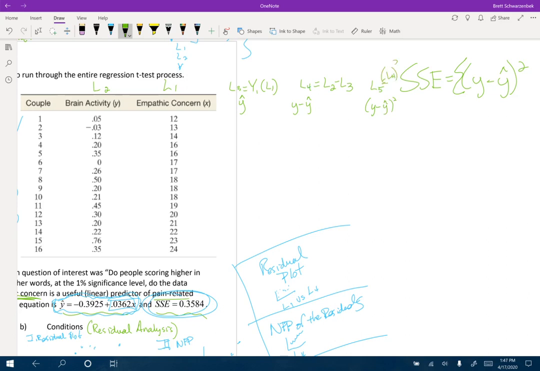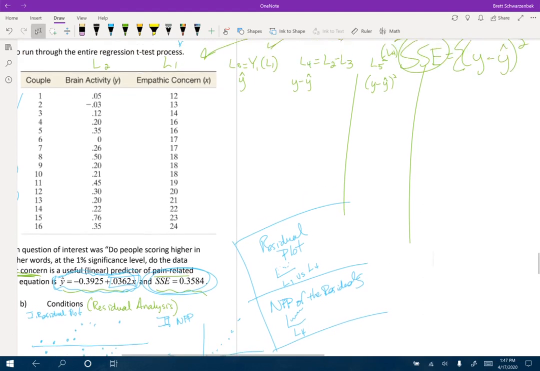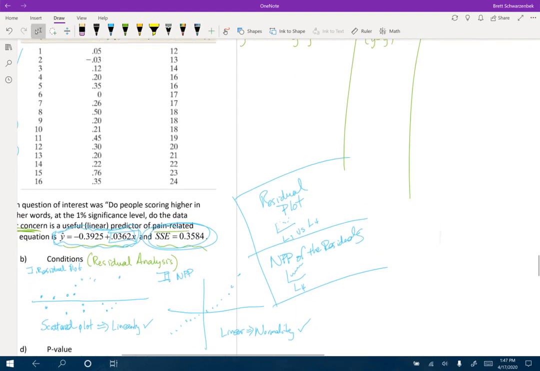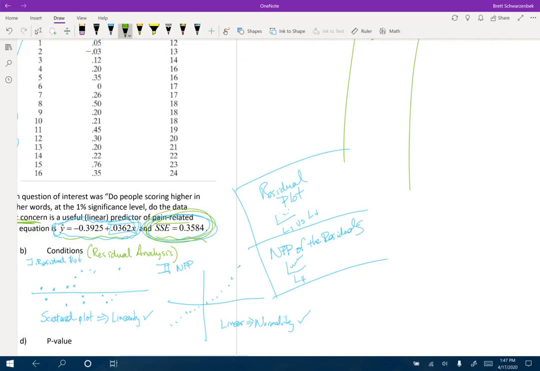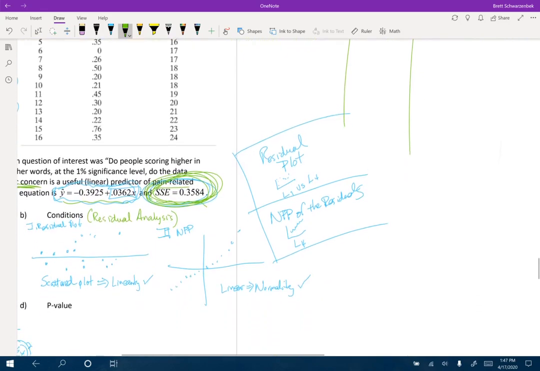So all we're doing is tracking backwards to find all the things, and then you would just find the sum of this column when you're done, and that would be SSE. I actually did this already because I didn't want to go through that process again. I wanted you to really go back and look at it, but basically when you do all of that, you would get 0.3584 as your SSE.